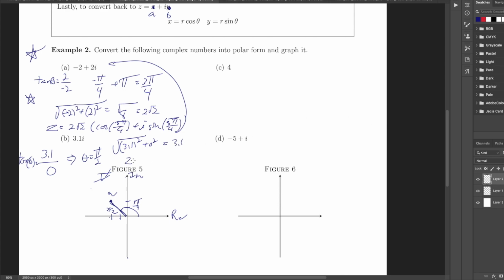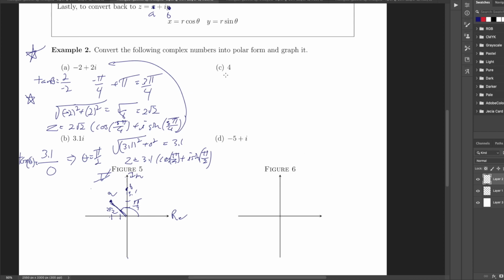And so here z is equal to 3.1 times cosine of pi over 2, which of course is 0, plus i sine of pi over 2. And so in this case, it'd be just right here. We just go up, so this is b, so this is pi over 2. And then here, my distance is 3.1. Okay, so that's how we graph this.